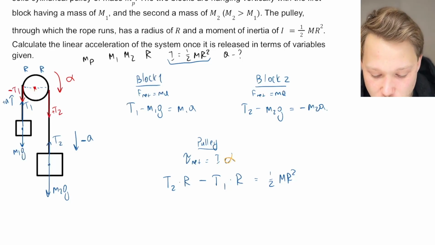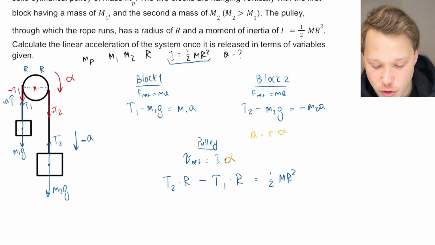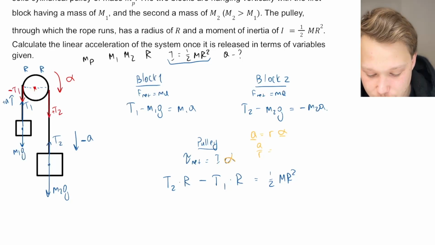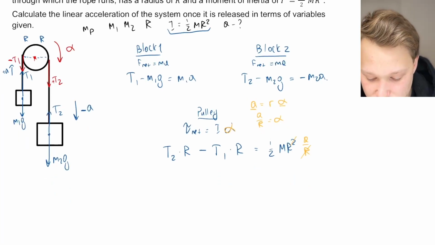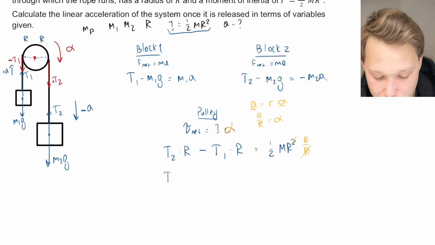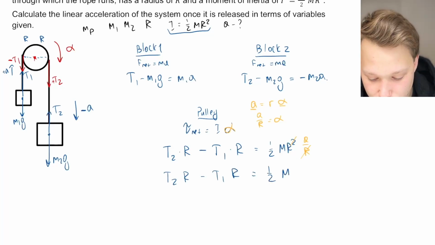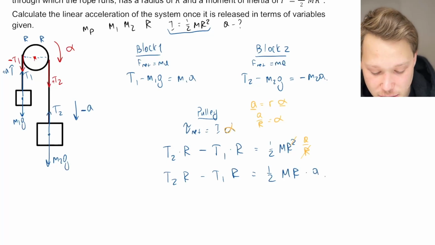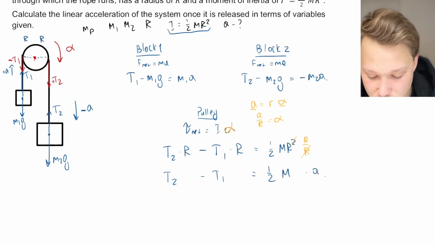So why don't I try to use the conversion formula from linear to angular acceleration, and I can rewrite alpha as A over R. Then one of my radiuses will cancel out, and my formula will become the following: T2 times A. As you can see, the radius here can also be canceled out because it's in each term.